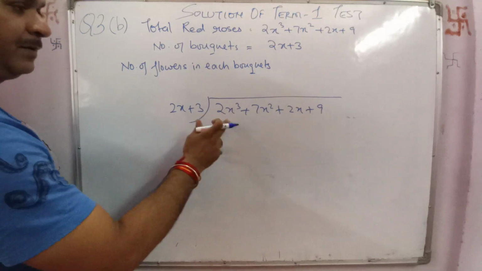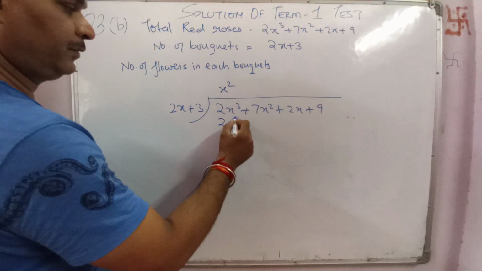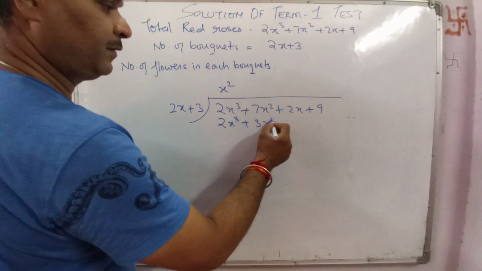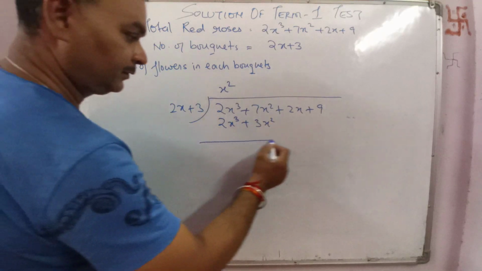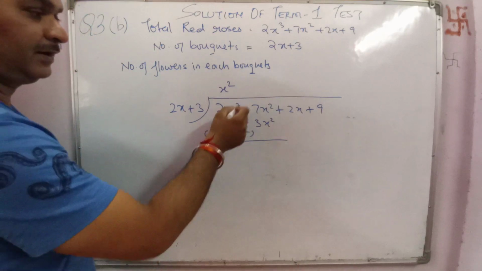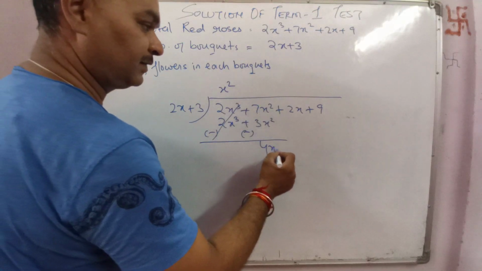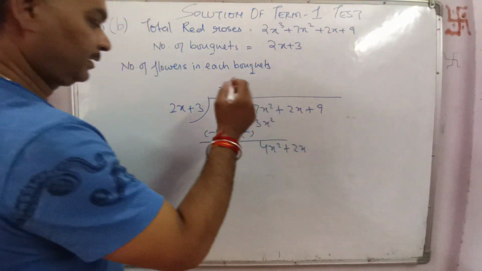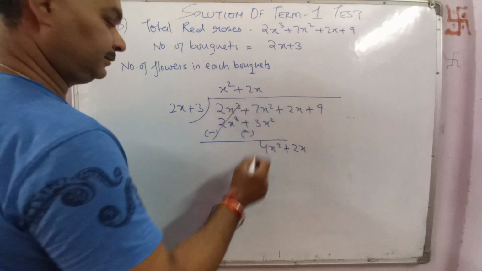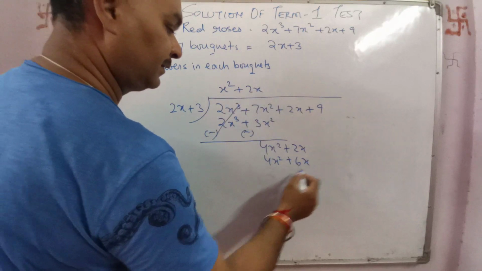2x cube divided by 2x is x square. This will give you 2x cube plus 3x square. Writing the like terms together. We know that in division we have to subtract, so changing the sign, 2x cube minus 2x cube cancels out. 7 minus 3 is 4x square, plus 2x. 4x square divided by 2x is plus 2x, giving 4x square plus 6x.